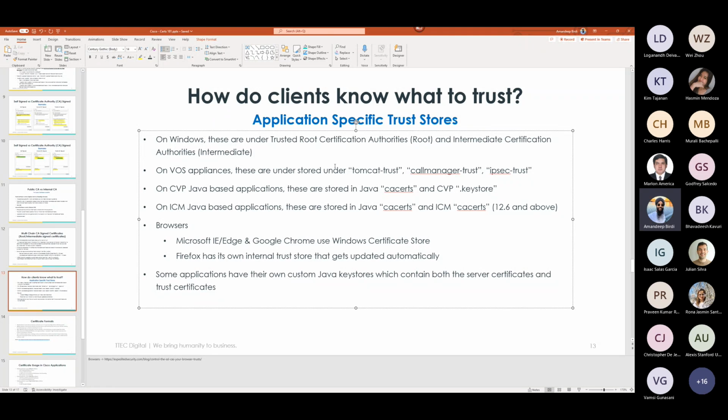Okay. So on both CVP and ICM, there's a bunch of Java components, right? And Java by default has its own trust store, and that's called the CA certs, as the name implies, certificate authority certs. That's where you would need to verify if whatever root or intermediate is signing your cert is trusted or not.